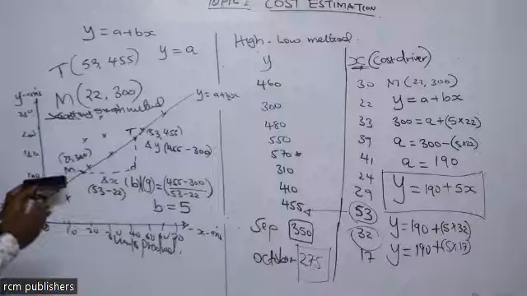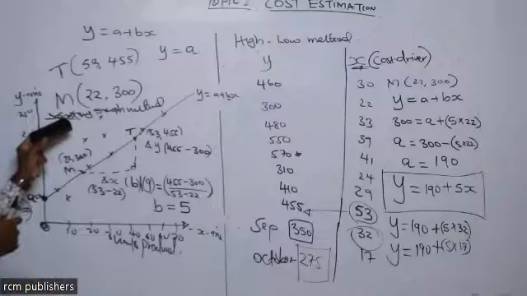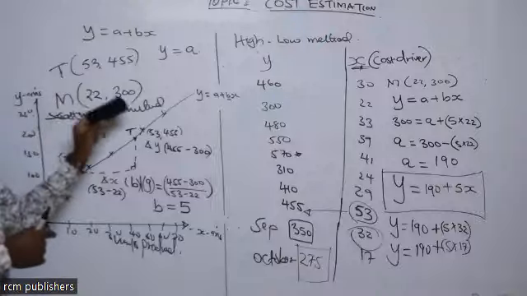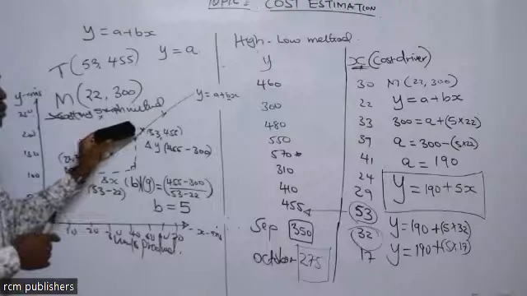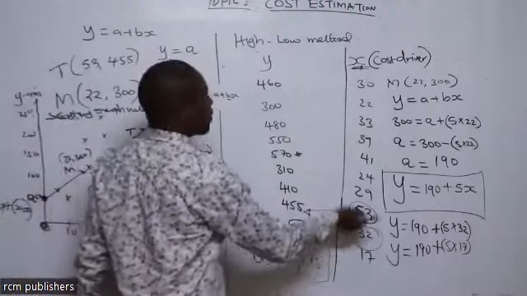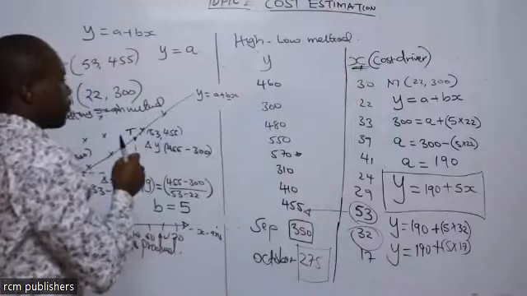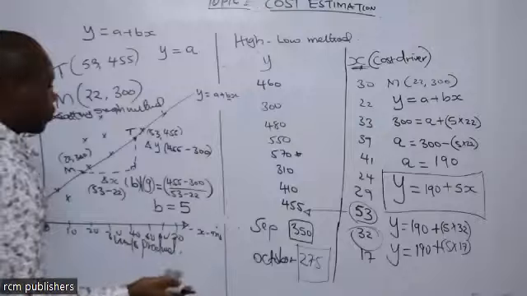I've given you that information going through the scattered graph method to help you understand, because with the scattered graph method you will be given the value of x and the value of y, and then you are told to plot, which we've done here.